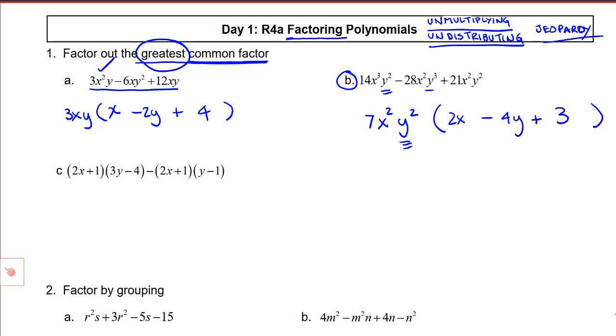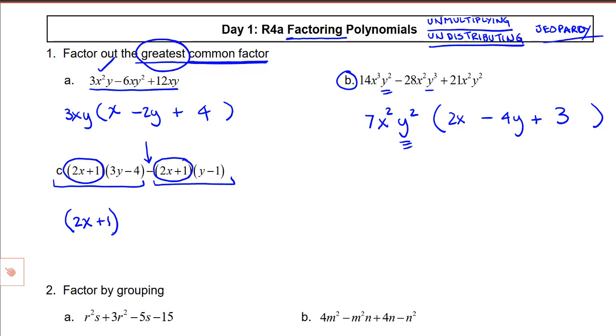Everything. Now, next one, I need you to see 2 groups. 1, 2. 2 groups, not 4. 2 groups separated by subtraction. In those 2 groups, what's common? This package. Right. Now, I'm going to take it out. 1 from each. 1 from each.